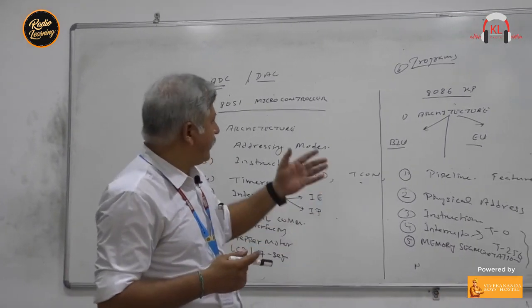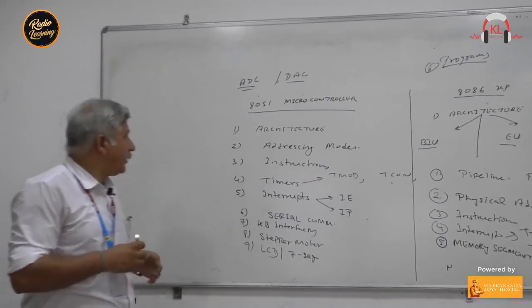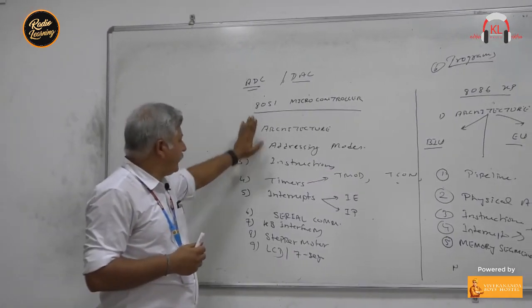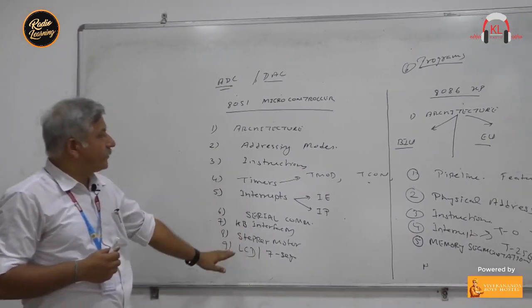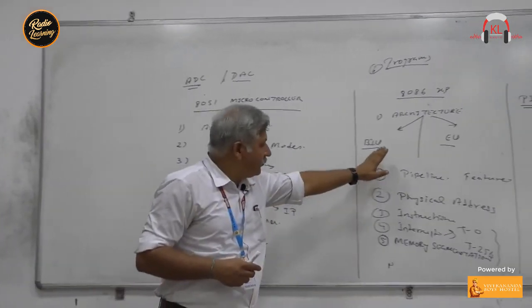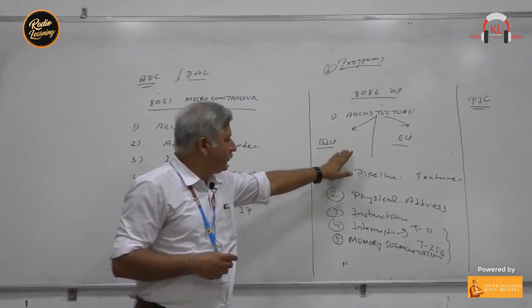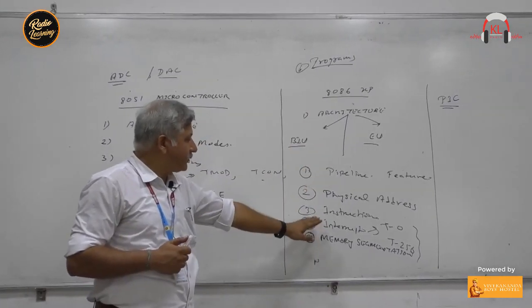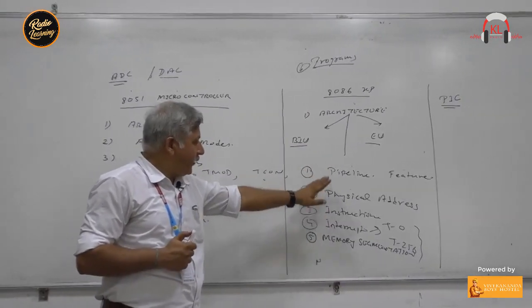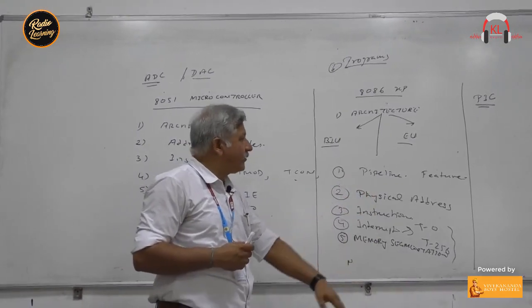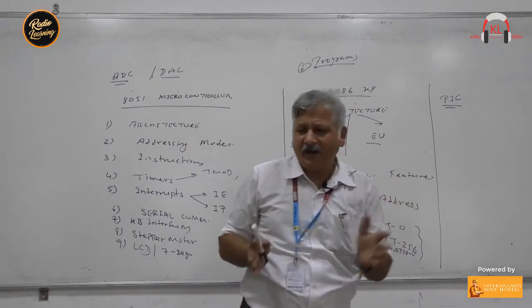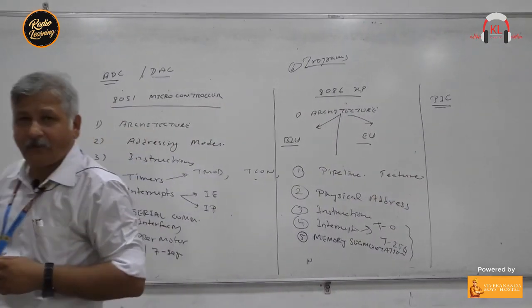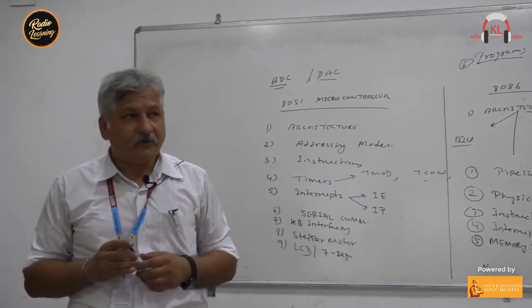So in this way you can cover this. In the 8051 there is interfacing of various external devices, and here there is basically no interfacing. The interfacing part is not there, but programming, calculation of physical address, instructions, pipeline, memory segmentation, all these things we cover, and we pick the basic architecture. These types of things you have to cover.